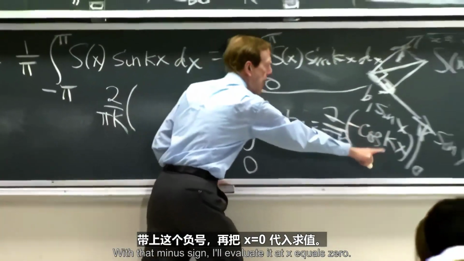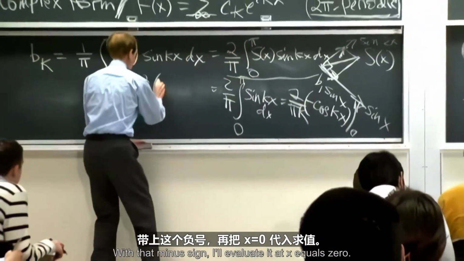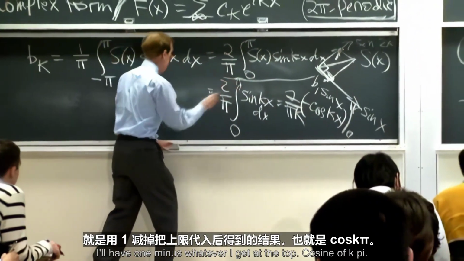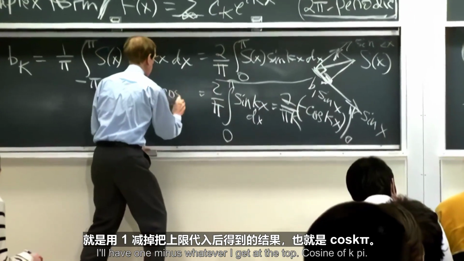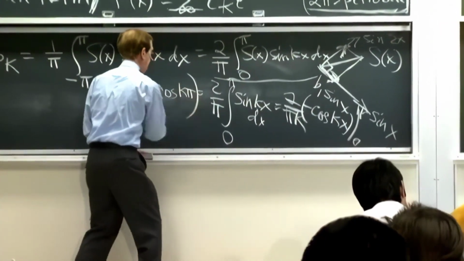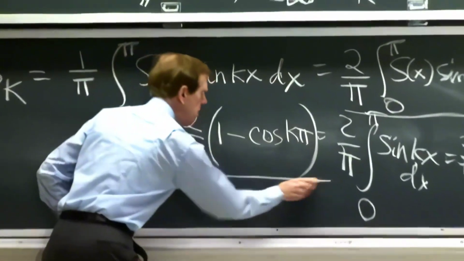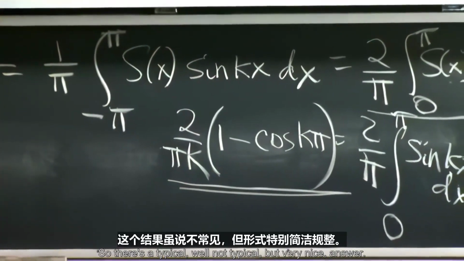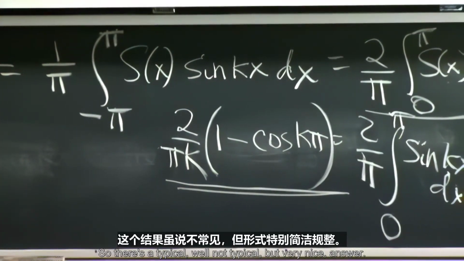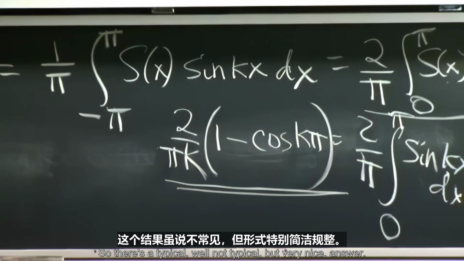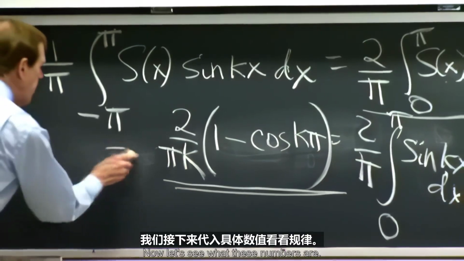With that minus sign, I'll evaluate it at x equals 0. I have 1 minus whatever I get at the top, cosine of k pi. That's bk. So there's a typical, well, not typical, but very nice answer.